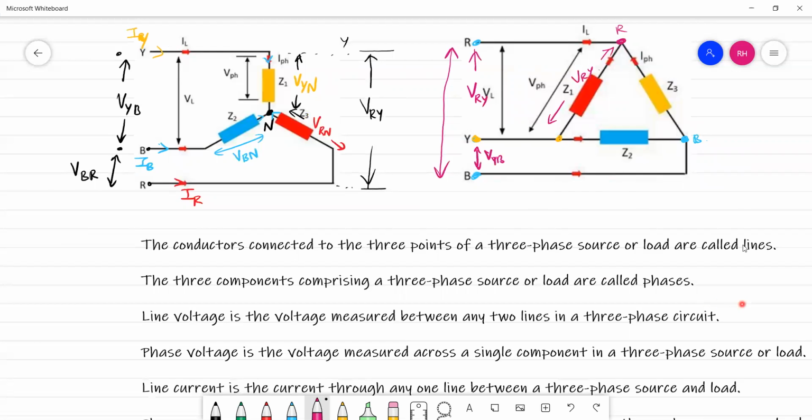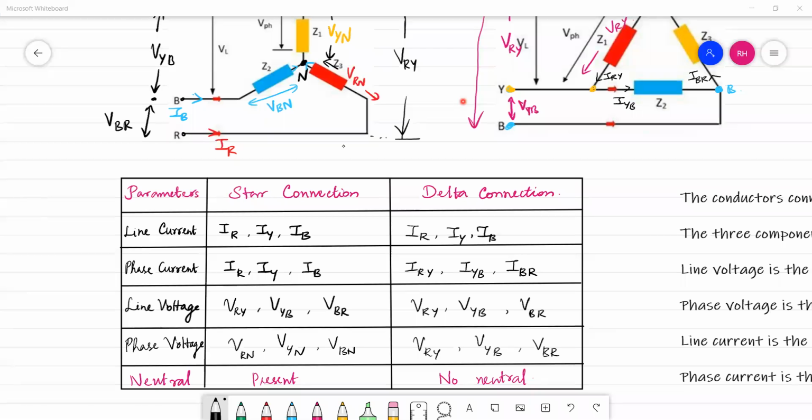And let me summarize the values of line voltage and phase voltage for a star connected system and a delta connected system. The line currents of a star connected system are IR, IY, and IB. And the phase current, the current that is going to flow through the components, is again the same current which is in the line; it gets into the phase or the component, and hence it is again IR, IY, and IB.